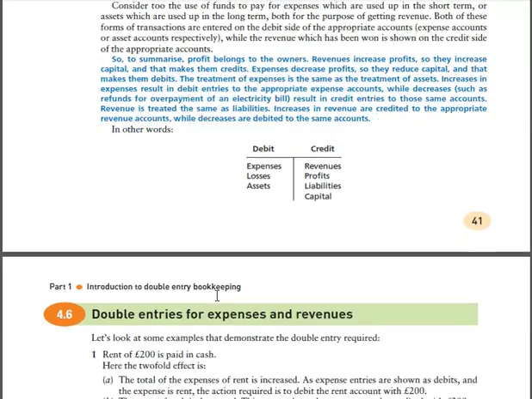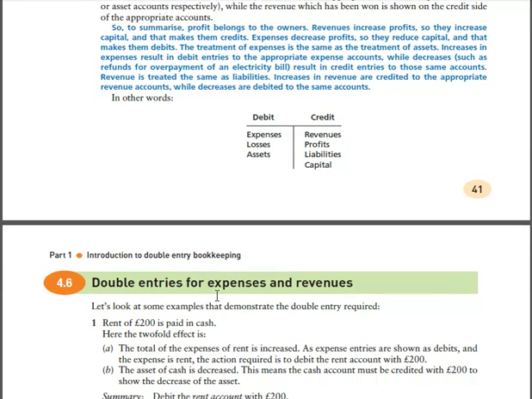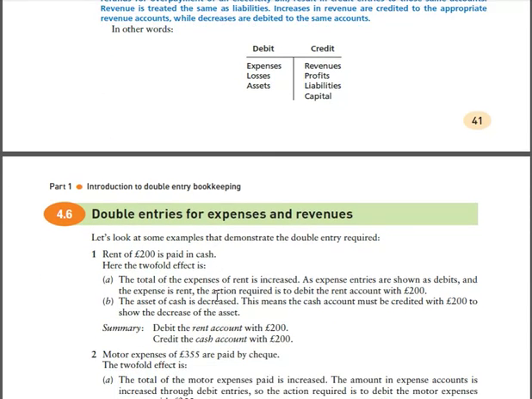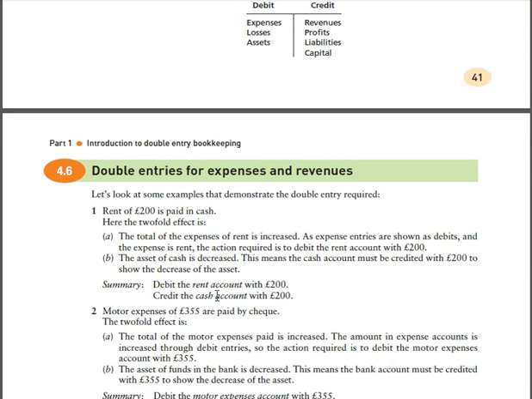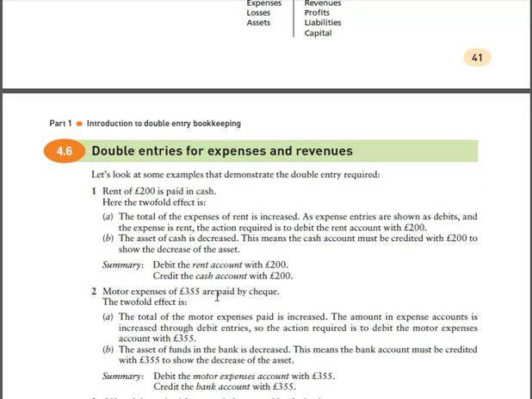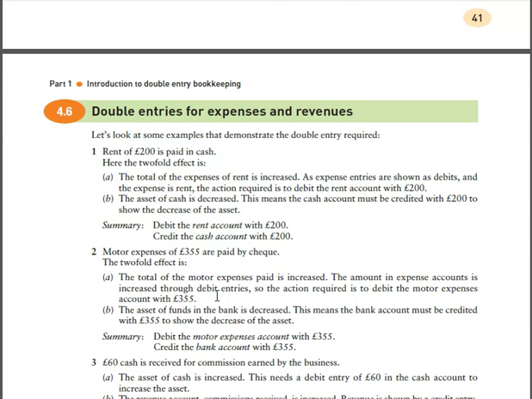Moving on, we will look through an example of how to record expenses and revenues in T accounts. Rent of 200 is paid in cash. As we did in a previous chapter, we read the transaction and consider the two effects, the double entry effect.